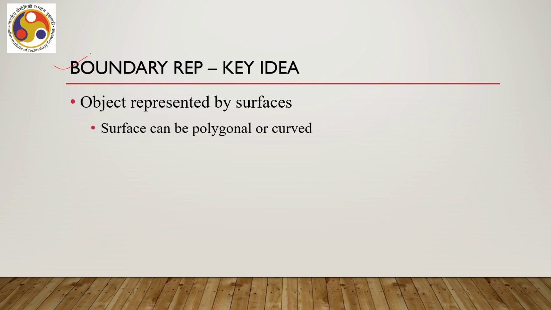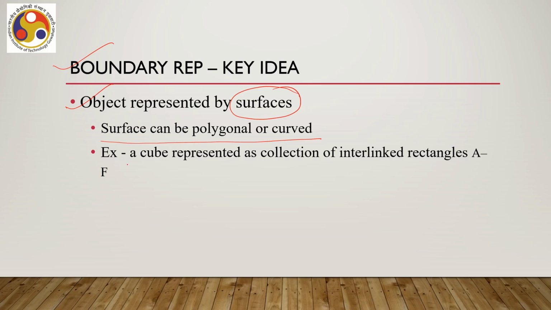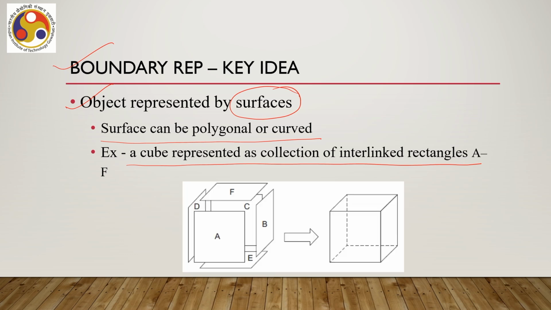Next is the boundary representation, the second broad category of representation. Here the objects are represented by the surfaces that define the boundary of the object. Now, these surfaces can be polygonal or curved surfaces. For example, a cube represented as a collection of interlinked rectangles is shown here.